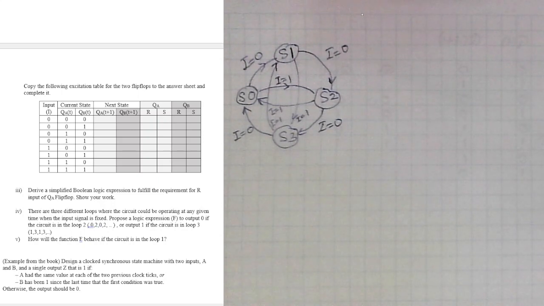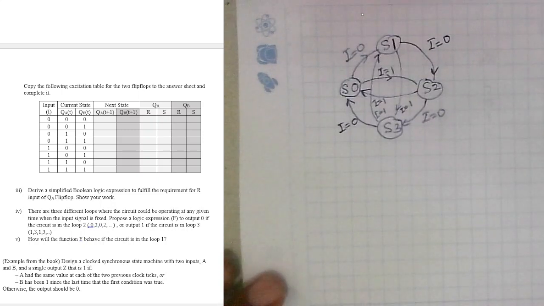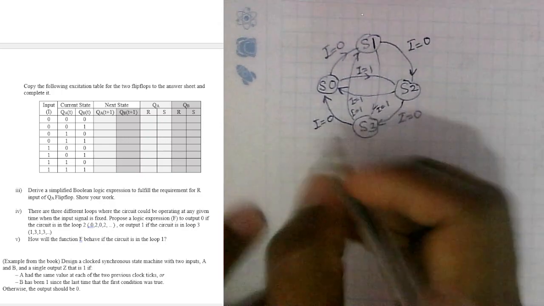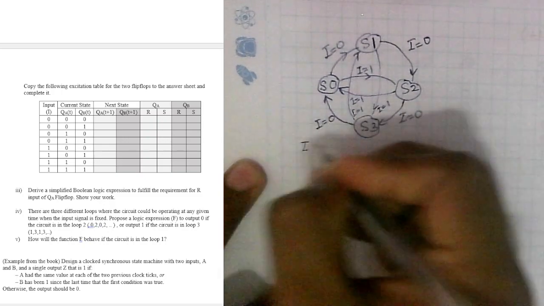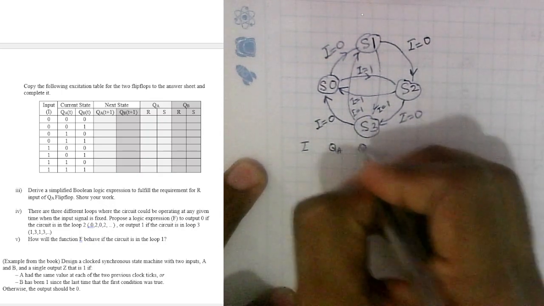Okay, so let's go ahead and try to fill this up. So there is I, right? Input I, current state QA, QB, right?